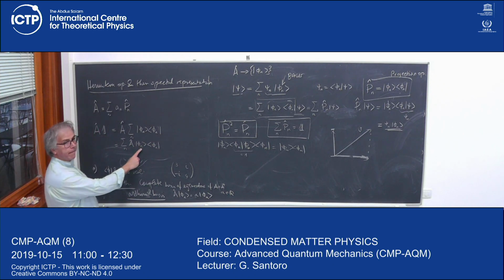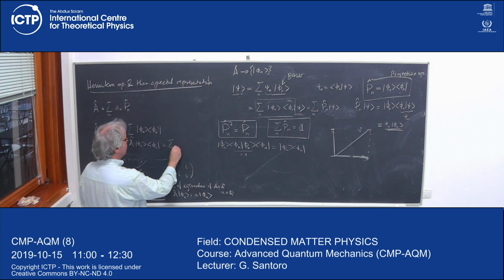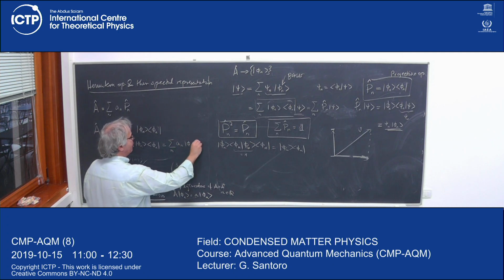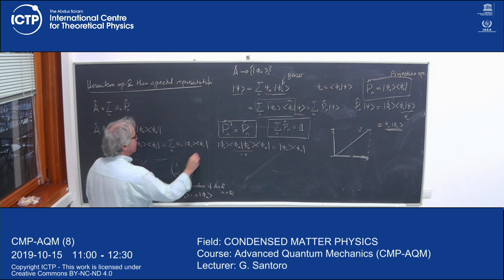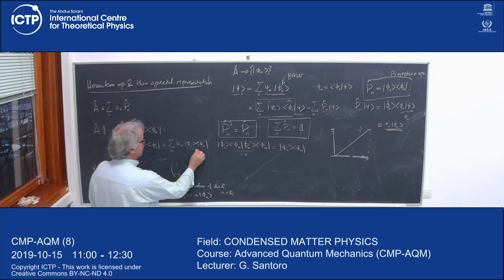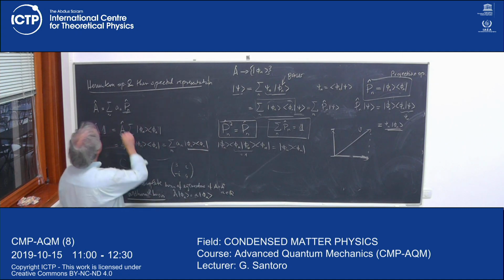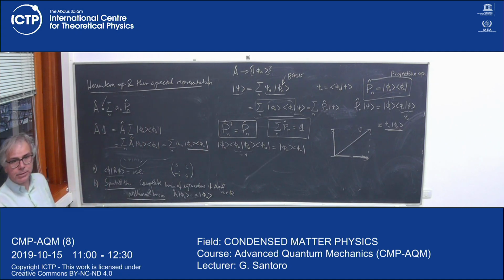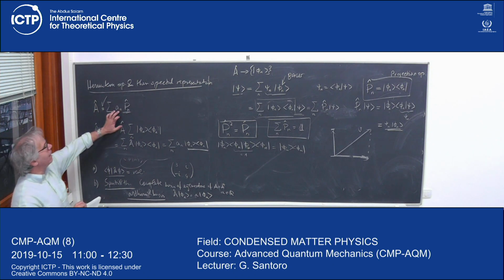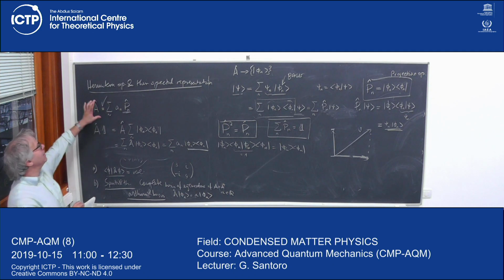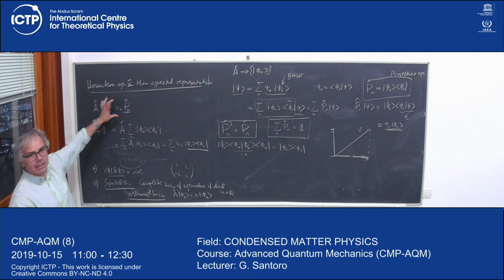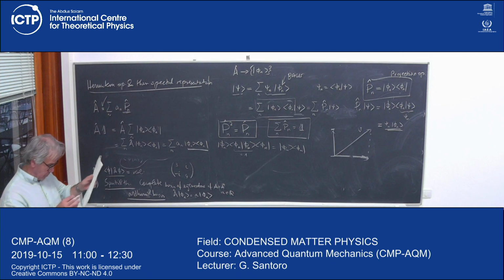But what is this? Since phi n is an eigenvector of A, this is equal to the sum over n of an phi n. But this is Pn. So I have shown this: with the projections, you multiply by the eigenvalues, and this is a way of writing the Hermitian operator.